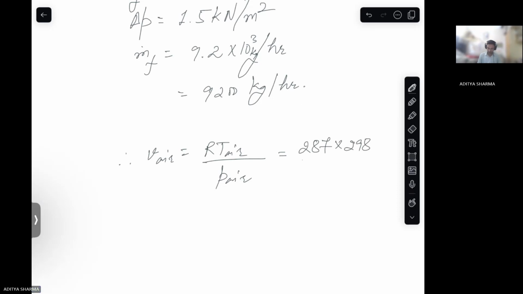Pressure is, okay. So if you calculate this, this will come out to be 0.8440 meter cube per kg. Correct?